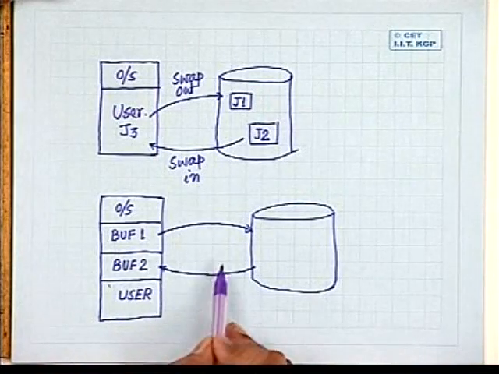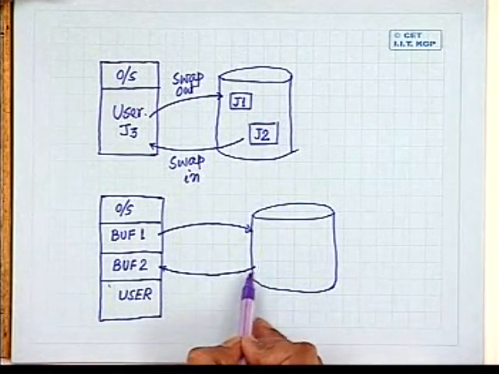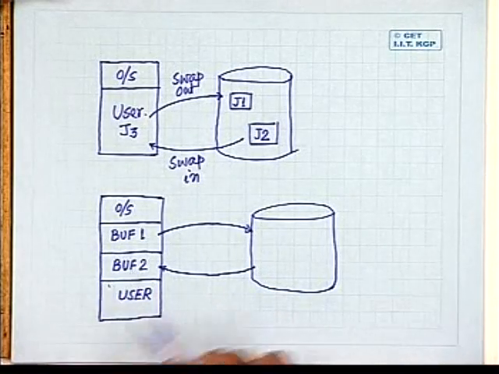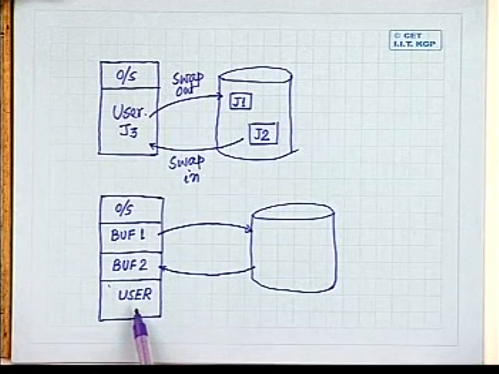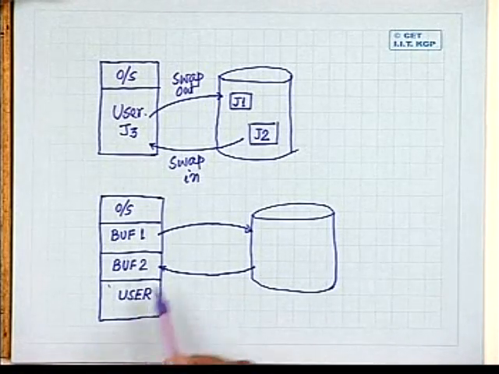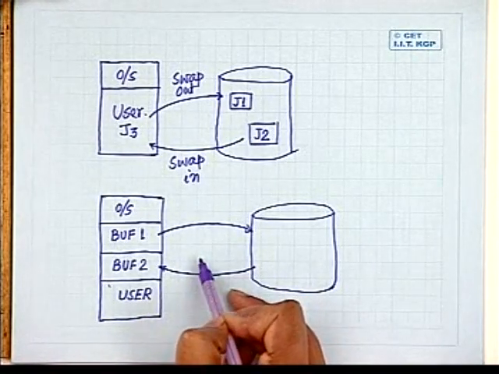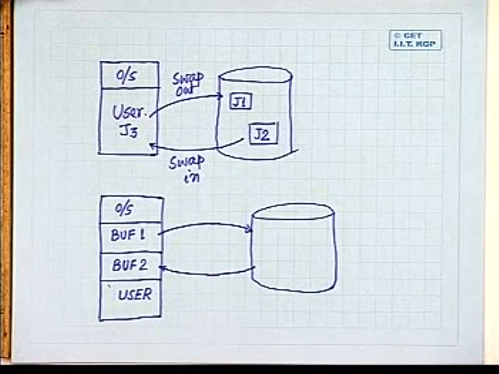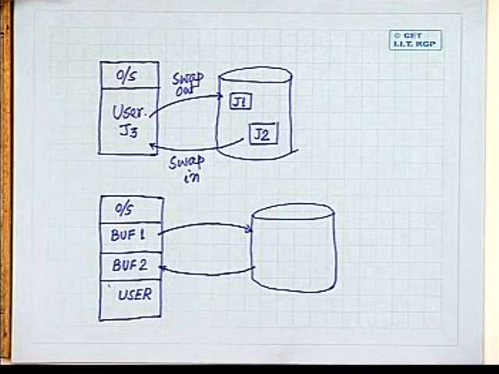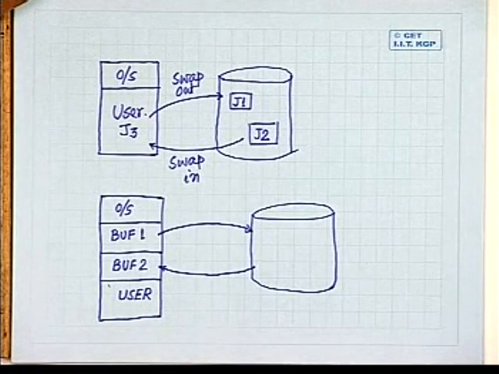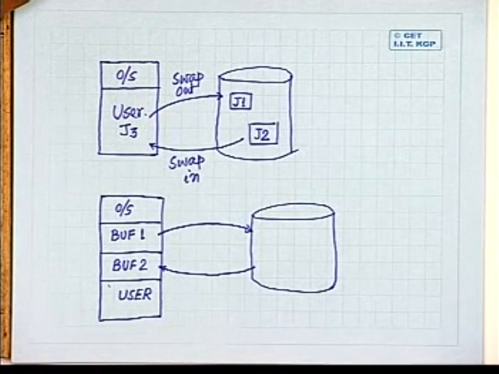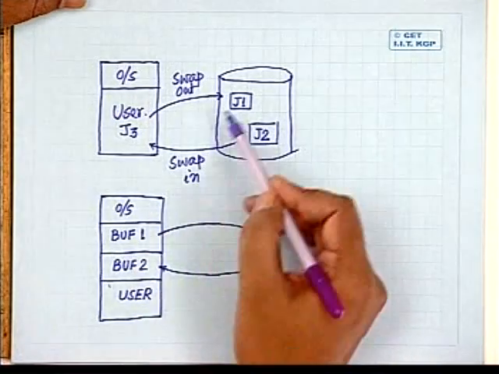And a process which is swapping in a new job from the secondary storage into buffer area 2 is also accessing the memory. Okay, that means the active user program, the swap out process and the swap in process, all of them are trying to access the main memory simultaneously. So there I must have some mechanism so that this memory conflict can be avoided. Okay, but still this can be done, which will be more efficient than this.